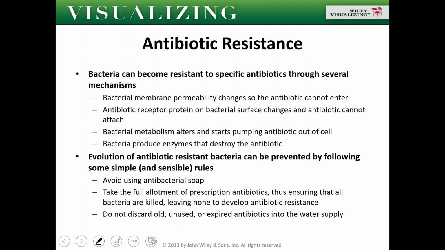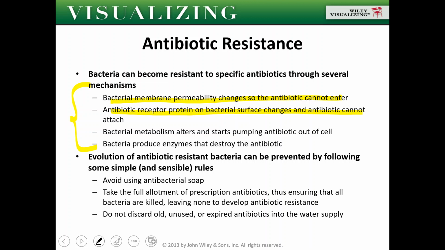They may not allow the antibiotic to get into the cell, or the antibiotic cannot attach to the surface. Bacterial metabolism changes and the antibiotic is pumped out of the cell, or the antibiotic can be destroyed. The problem is that all these mechanisms make bacteria resistant to antibiotics. And how can we make sure that they don't?